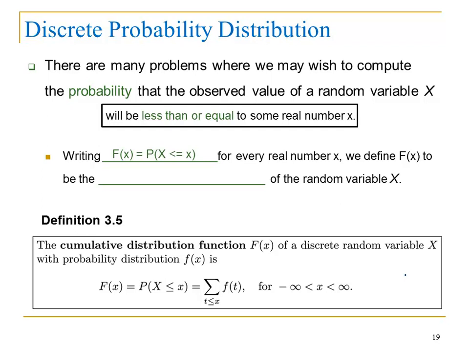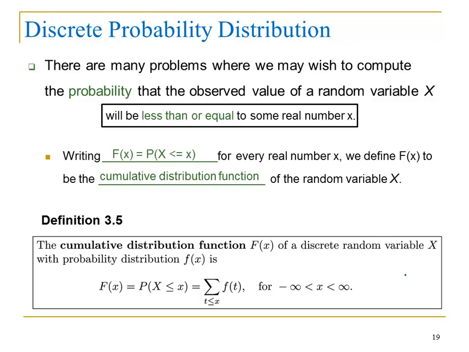Okay? For every real number, we define F of x to be the cumulative distribution function of the random variable x. Okay? So, formal definition from your textbook: the cumulative distribution function F of x of a discrete random variable x with probability distribution f of x is the summation, everybody recognize this symbol?